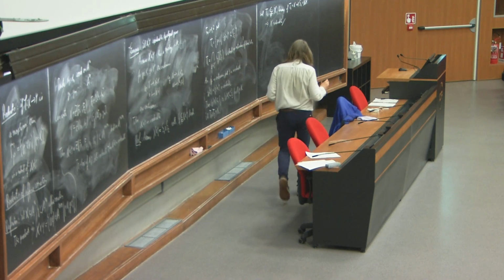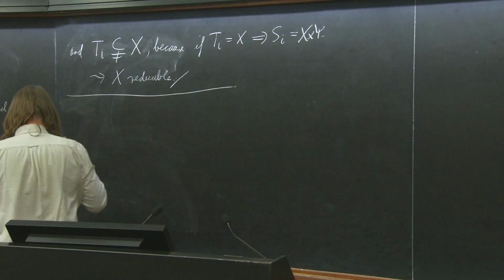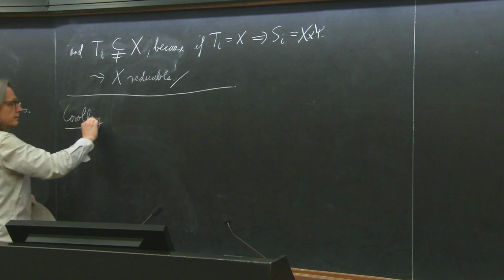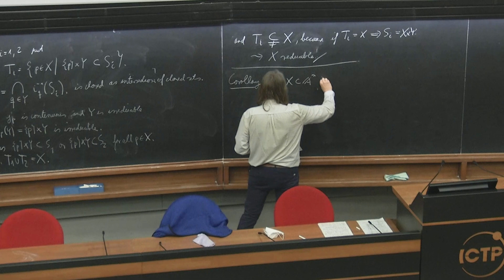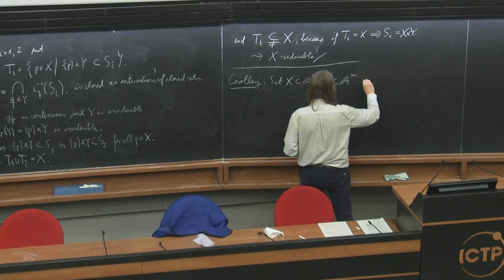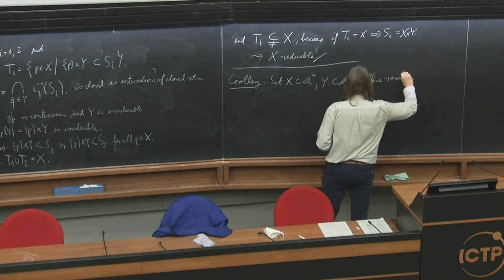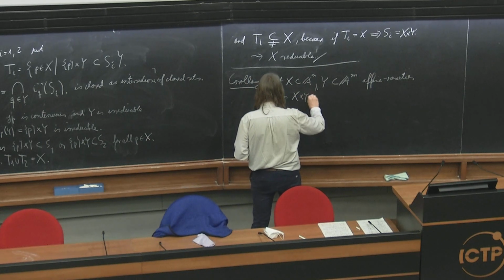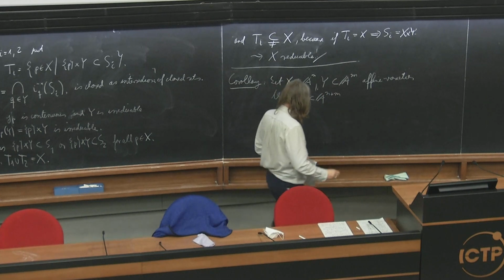In particular, for our affine varieties, we get that x in AN, y in AM, affine varieties, then x times y in AN plus M is an affine variety.